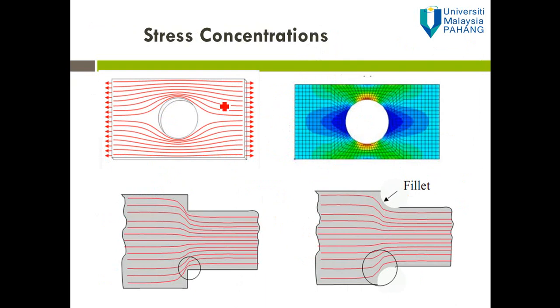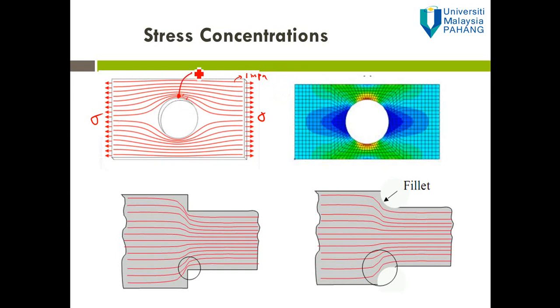You can see here, let's say you assume this is the beam subjected to a load or bending moment, and it produces the stress. Imagine that one line here represents, for example, 1 megapascal. At this point there are several lines, maybe 3 lines.